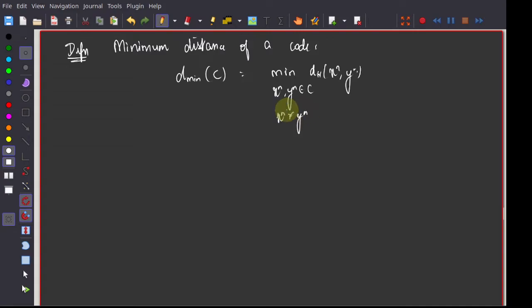Okay. So this point is clear. The definition of the minimum distance is clear. Okay. So now suppose C can detect L errors.